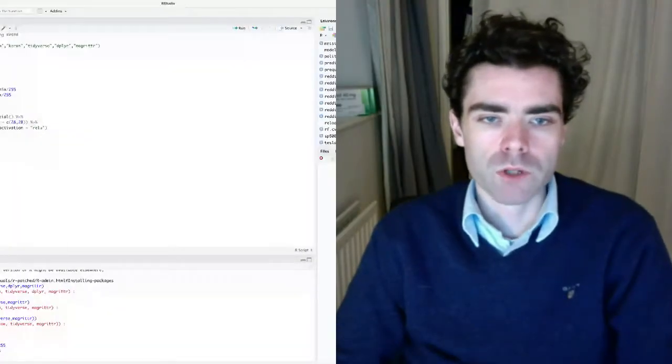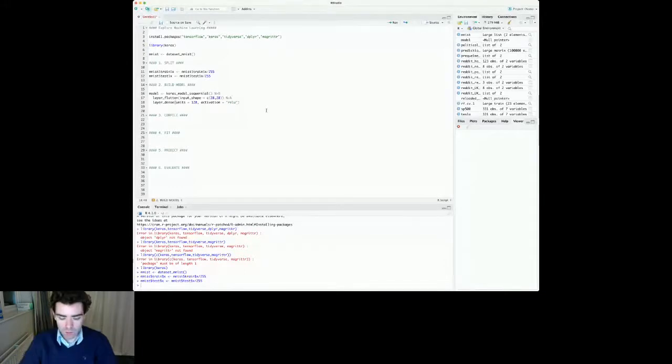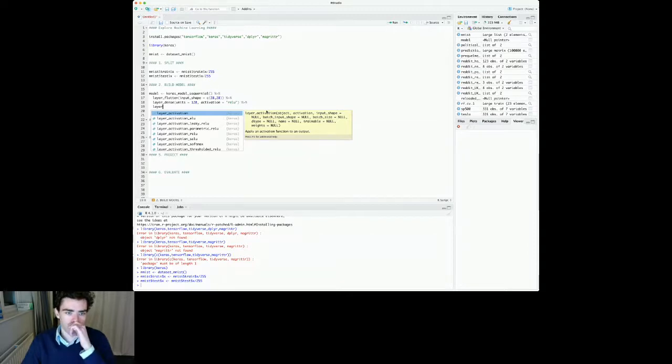Okay, window, RStudio, chat. Boom. Okay, so we've got ReLU. We want another pipe. This might not work, I'm doing this from memory. What do we need now? We need the drop.